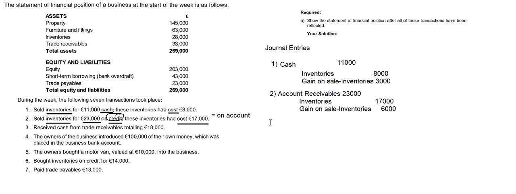Number 3, receive the cash from trade receivables. That's about 18,000. So we have trade receivable in here.